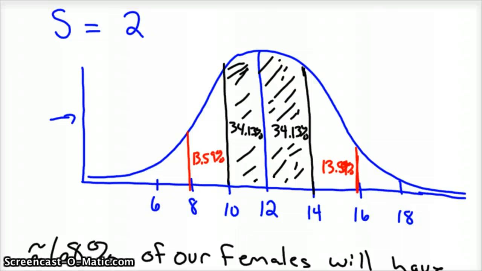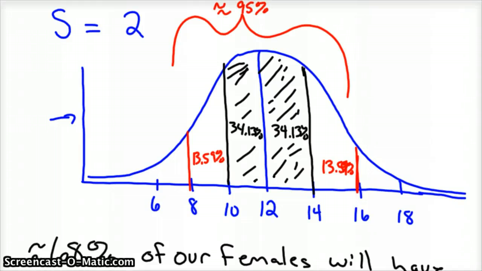And so the empirical rule says that we'd have about 95% within 2 standard deviations.